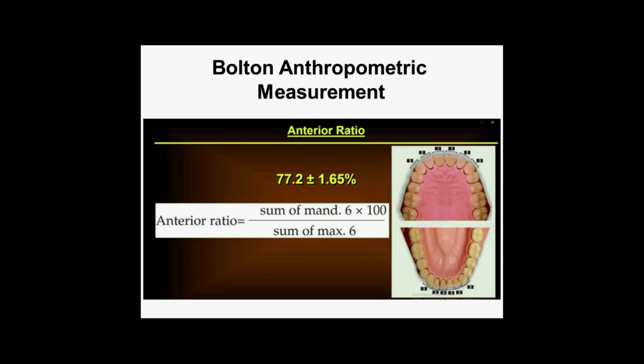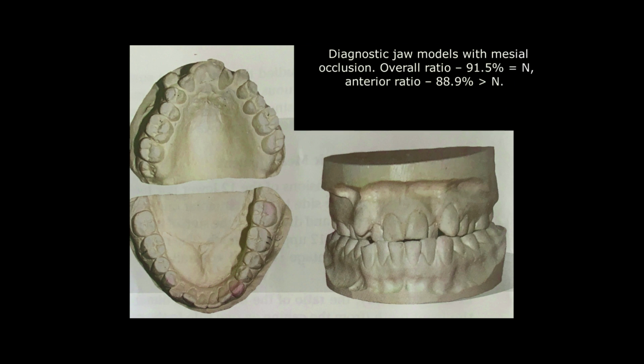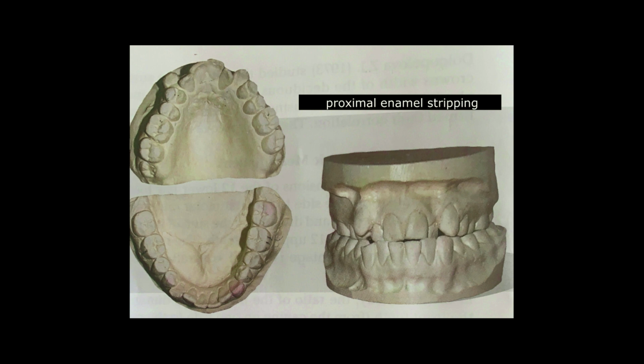The proposed technique allows the doctor to determine in which area the teeth should be extracted when treating an occlusion anomaly accompanied by crowding in the anterior region. If the overall ratio in mesial occlusion is less than normal or equal to normal, and the anterior ratio is greater than 77.2%, the lower dentition in the anterior section should be reduced.